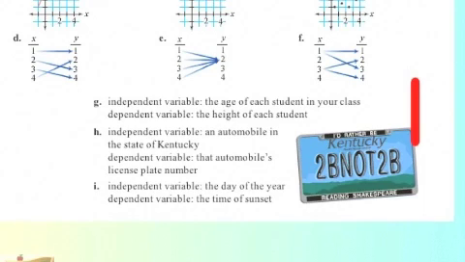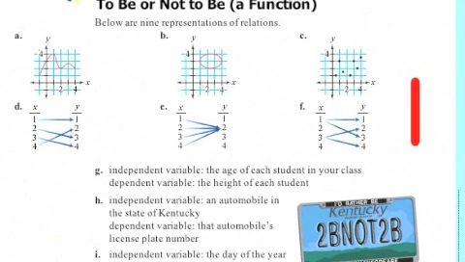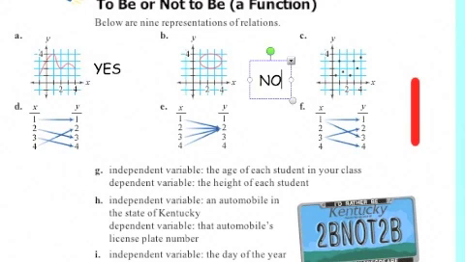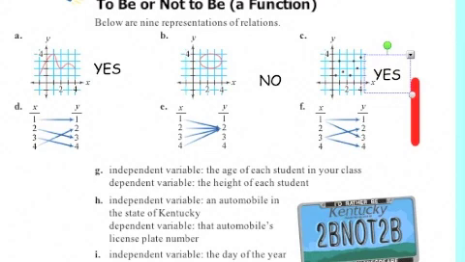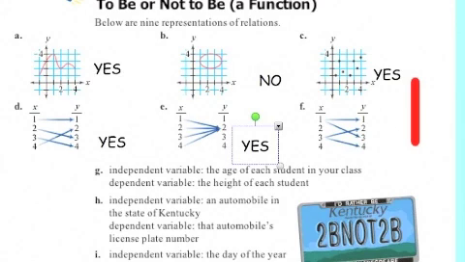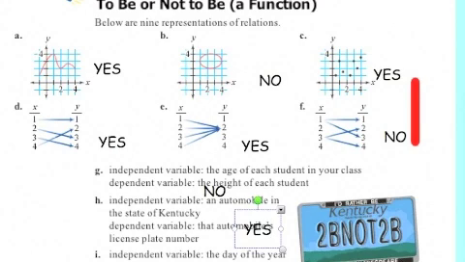So let me recap what we just did. A would be a no. Oh, A would be a yes. B would be a no. C would be a yes. D would be a yes. E would be a yes. F would be a no. G would be a no. H would be a yes.